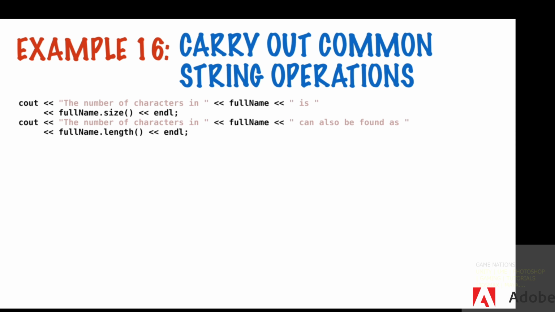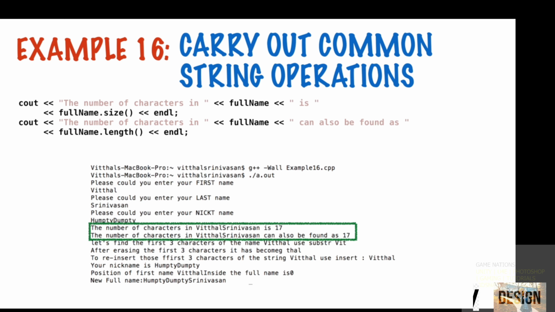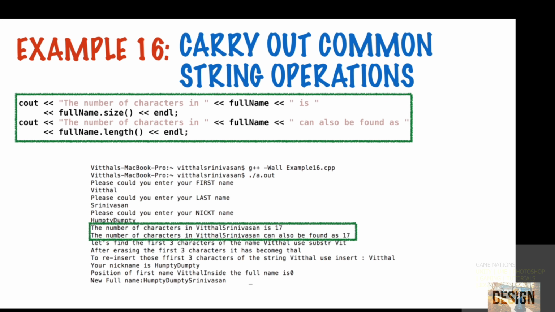We already discussed that these are synonymous. Both of these will return the number of characters in a string. Just to be clear, they will not return the number of bytes occupied by the string object. And we print the output to screen, and you can see that indeed the number of characters is returned correctly to be 17. That's the number of characters in my full name, not including any blanks.